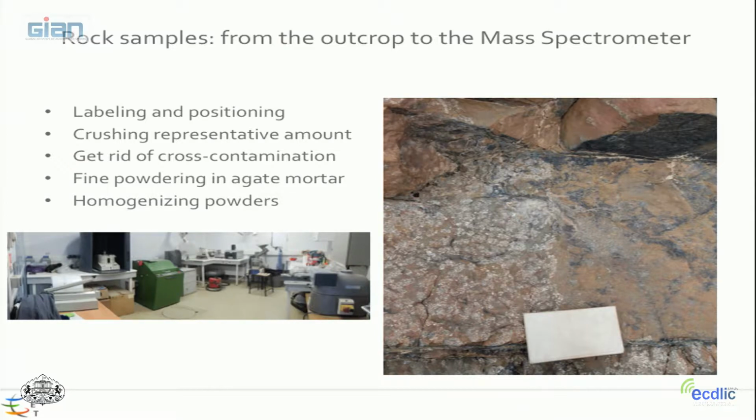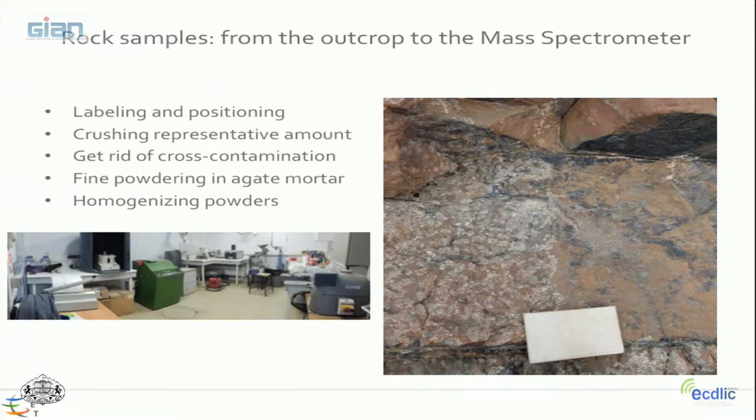Mainly we love to have several samples of a single outcrop, especially a single lithology, to be able to check if our isotopic composition is homogeneous in a single rock family. For example, if you have a gabbroic outcrop, it's better to have 4 or 5 samples so that we can measure 4 or 5 times the numbers. Then we check about the heterogeneity of the outcrop.